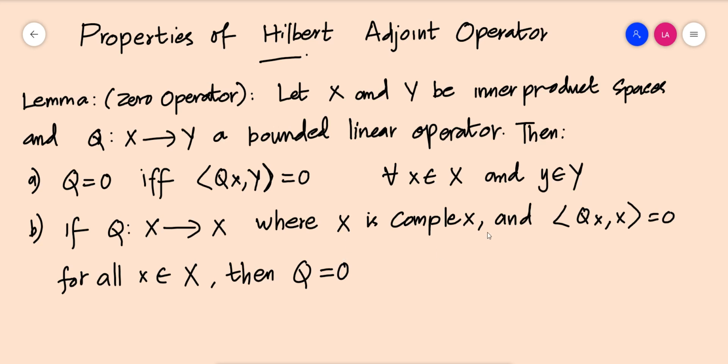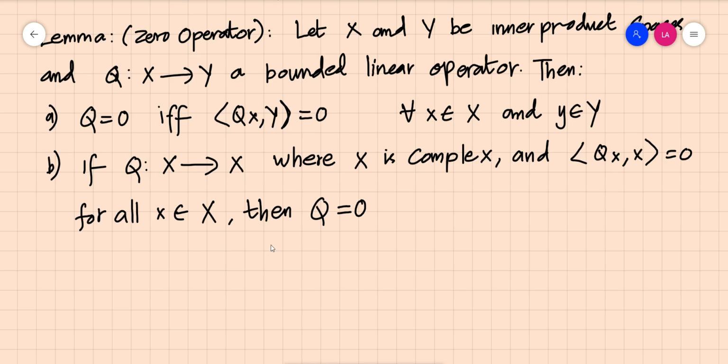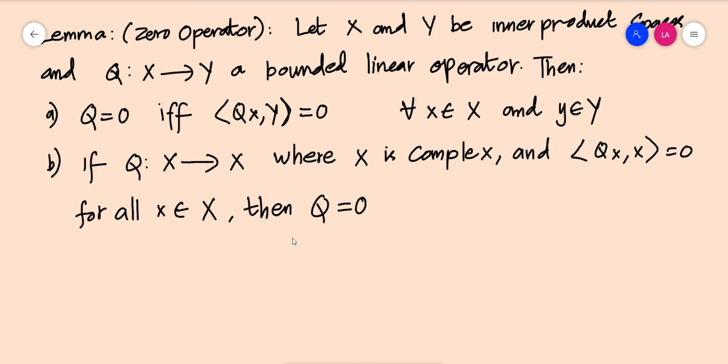This cannot be stated in the case of real spaces. There are spaces in which <Qx, x> is equal to 0 for all x, but Q is not identically 0. But this is true for complex spaces. So these are the two results, and we have to prove them.